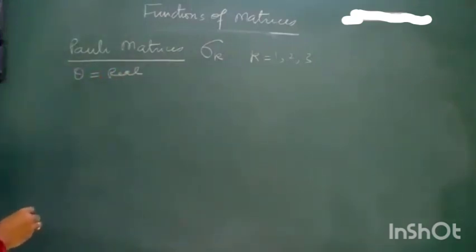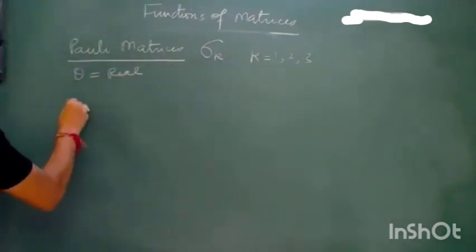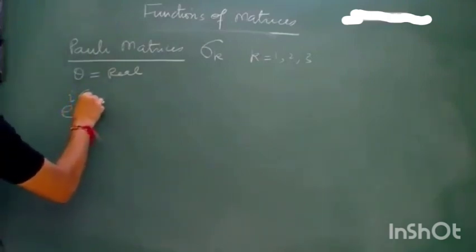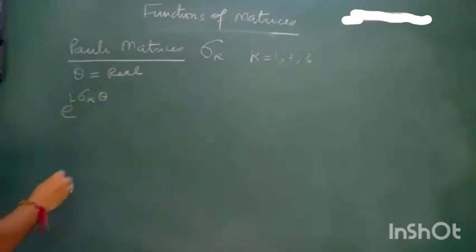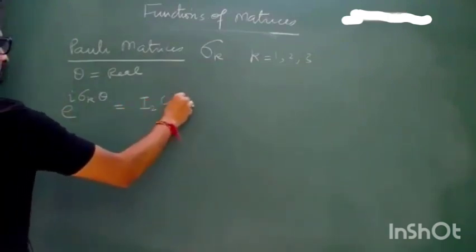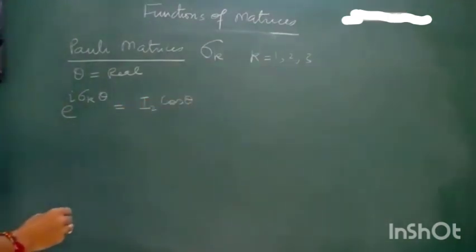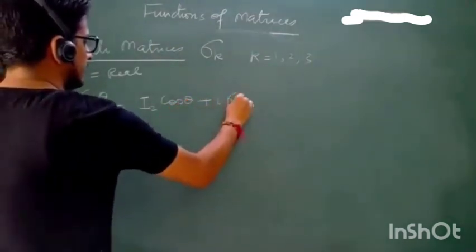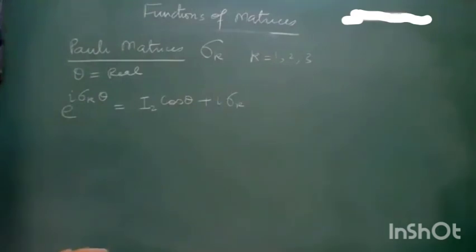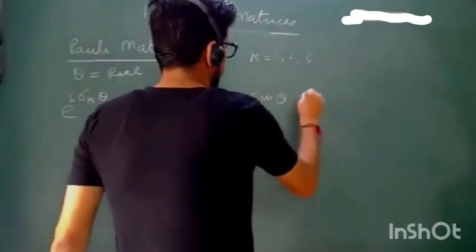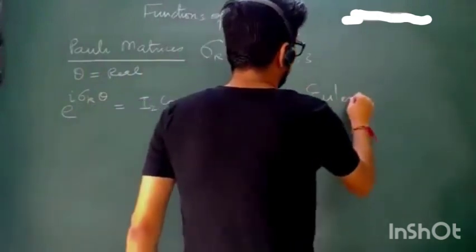And then e to the power i sigma k theta will be I2 cos theta plus i sigma k sin theta. So this is how Euler's formula will go.